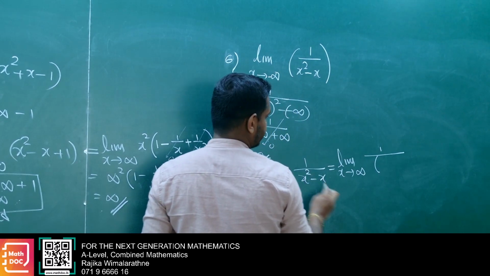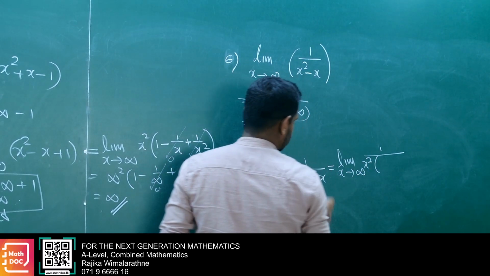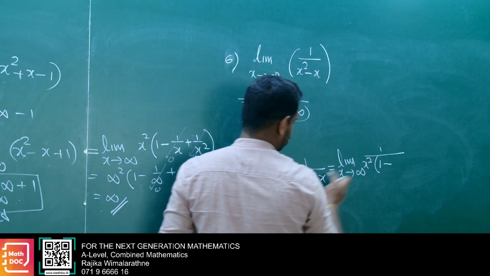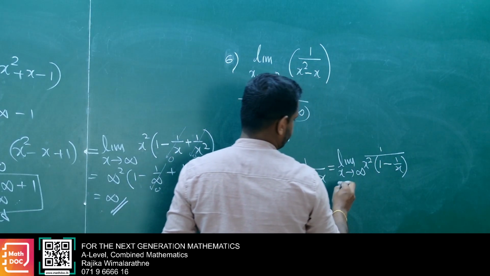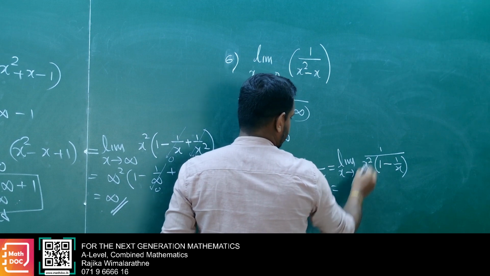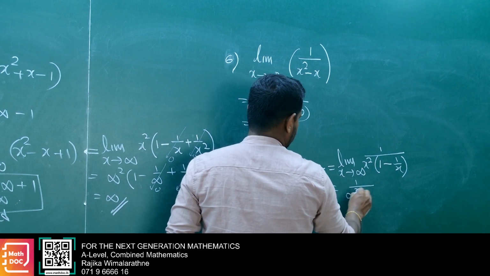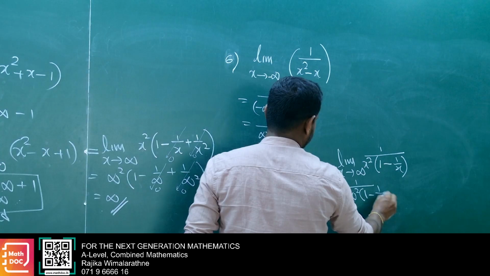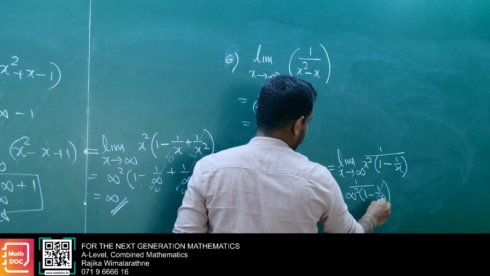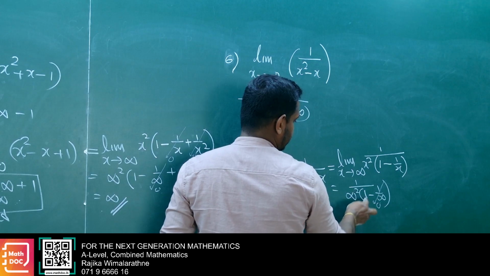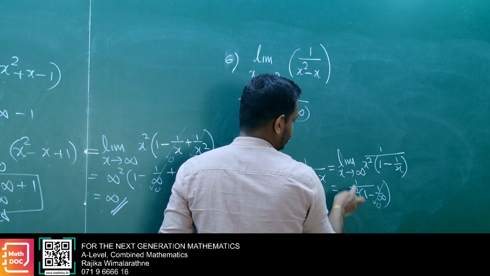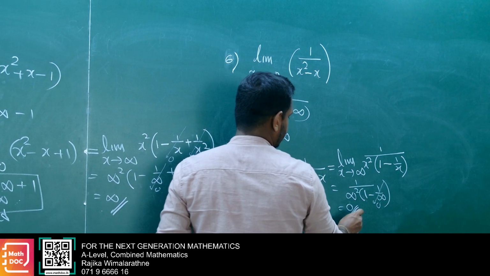Here the maximum power term is x square. Then inside we get 1 minus x over x square, which means 1 over x. Thereafter substitute: infinity square times 1 minus 1 over infinity. Then 1 over infinity is 0, 1 minus 0 is 1, 1 times infinity square is infinity.